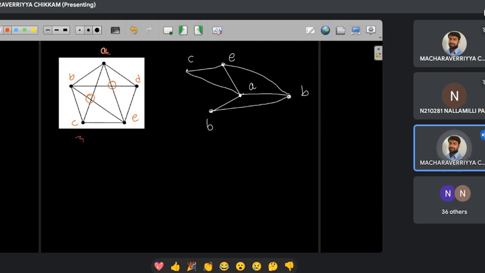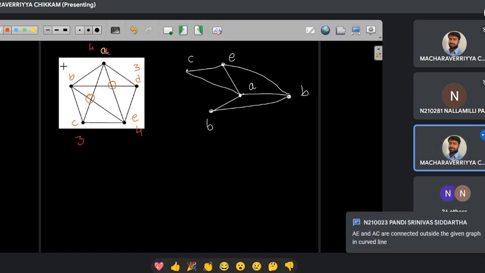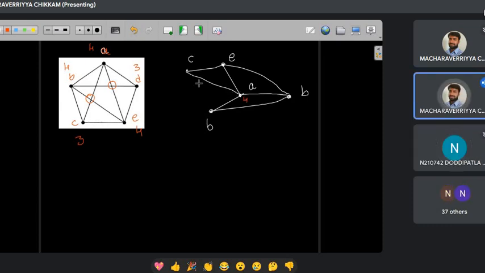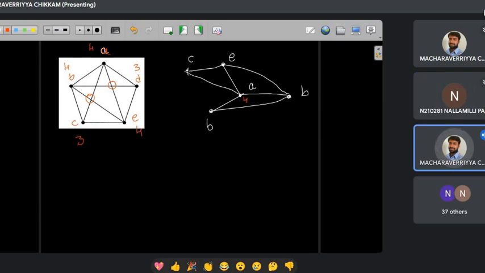C is of degree 3, and this is of degree 4, and this is of degree 3, and this is 4. A we got degree 4, fine. How about C? C is third degree, so something is missing here. What is missing?